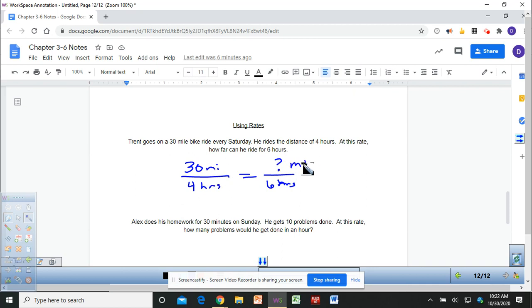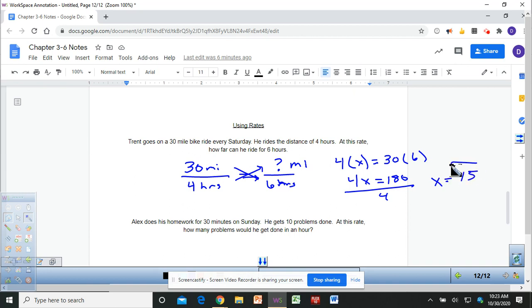So we have miles on top, miles on top. We have hours on bottom, hours on bottom. And then it's just all cross multiplying. So 4 times x equals 30 times 6. 4x equals 180. So we're going to divide both sides by 4. And x equals 180 divided by 4, which is 45.